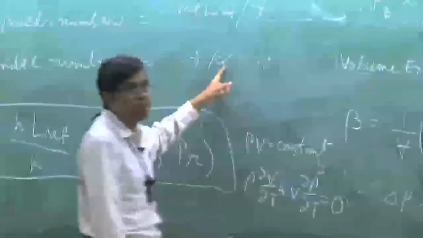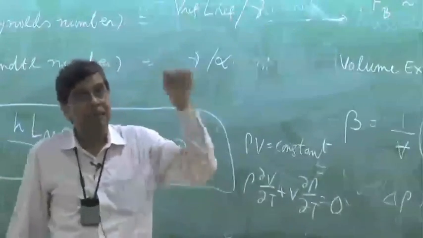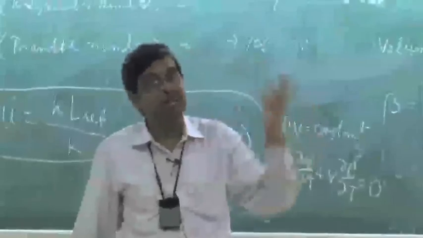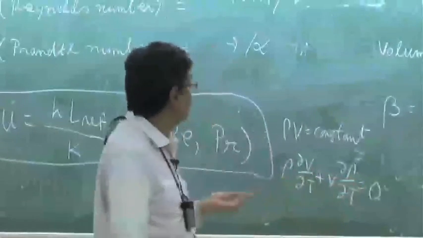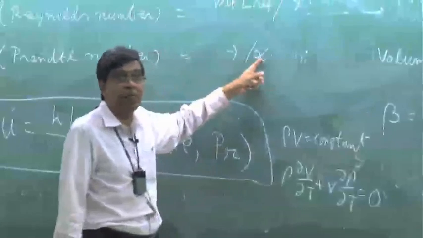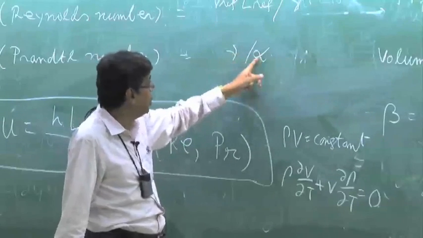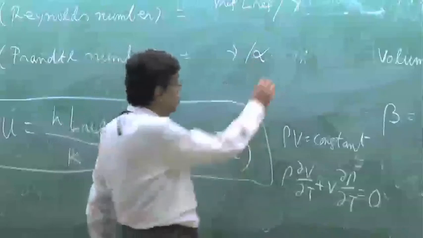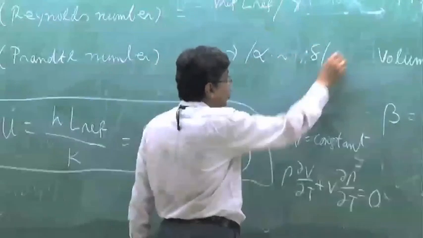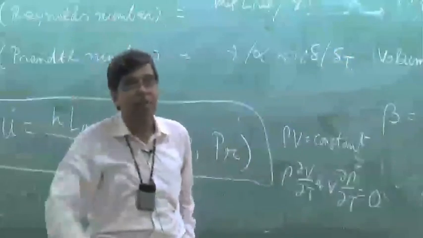Similarly, alpha represents the presence of the hot surface or cold surface in the stream, which is at a different temperature, how much the influence goes, and therefore this represents the extent of the thermal boundary layer. Therefore their ratio is proportional to the ratio of the two boundary layers. More is the nu, more is the hydrodynamic boundary layer.